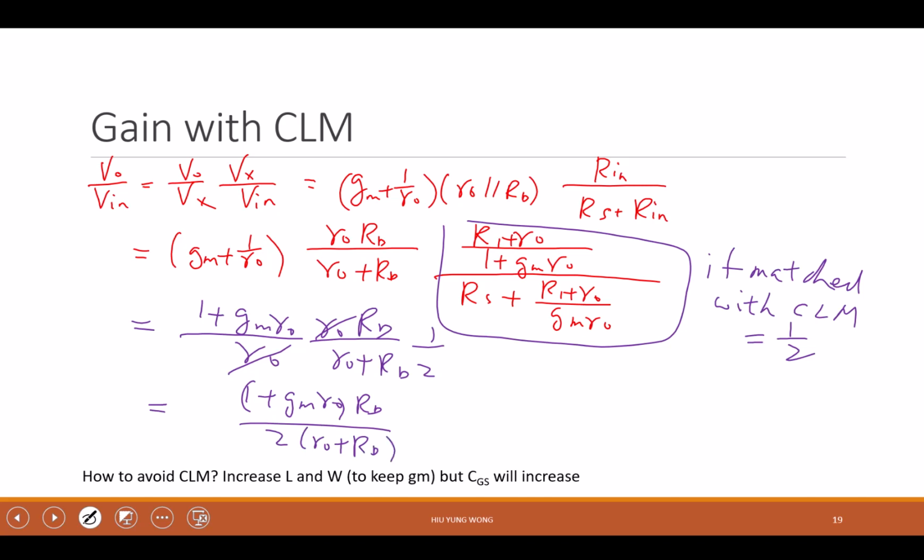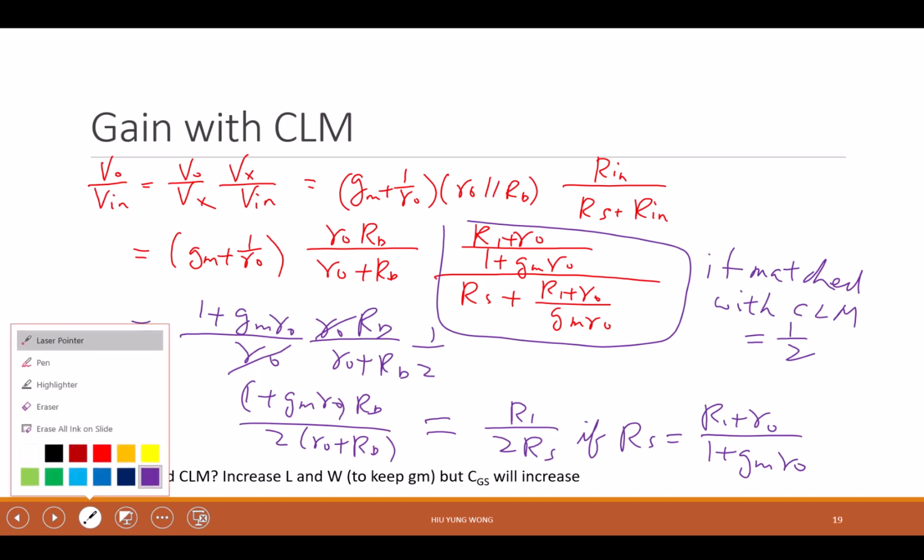But I did not show it. This is just equal to R1 divided by 2RS, if RS equals R1 plus R0 divided by 1 plus GM R0. If we match it, this 1 plus GM R0 divided by, I should not use RD, this should all be R1.